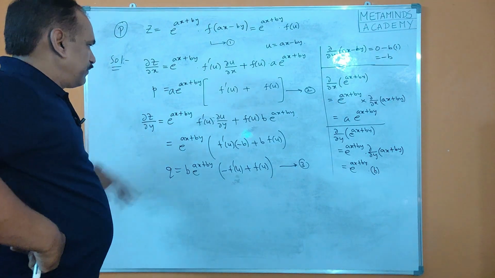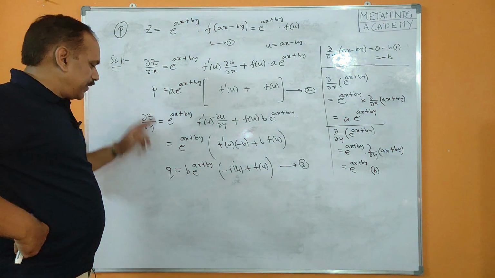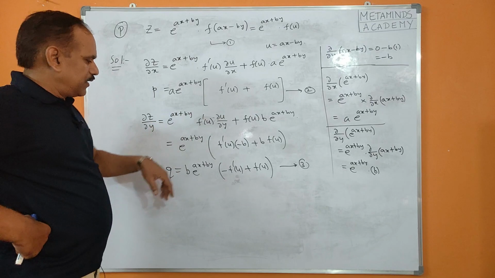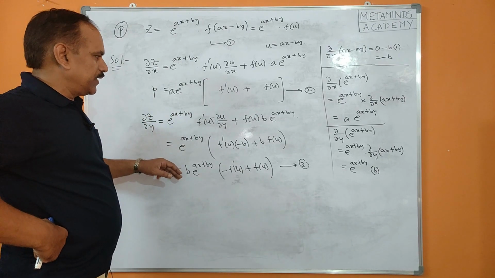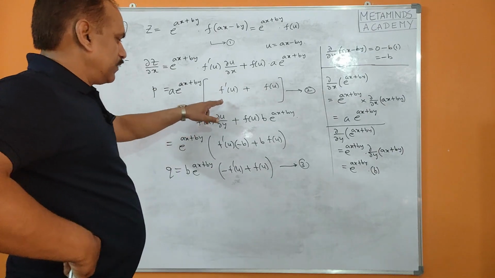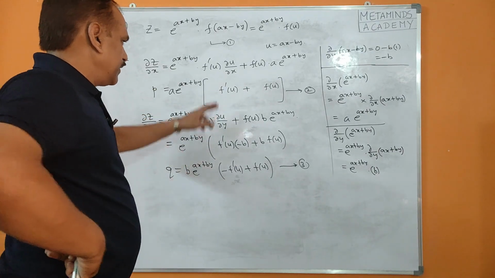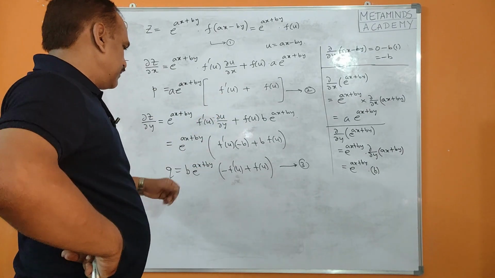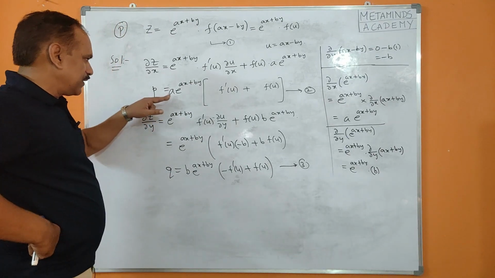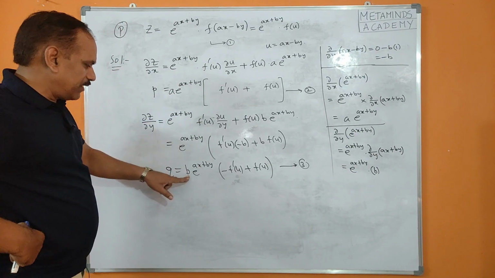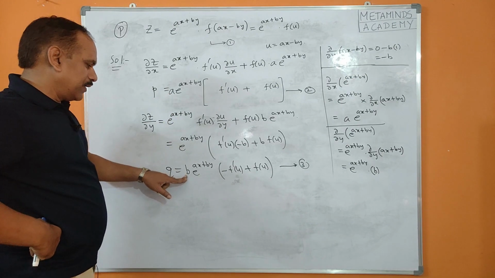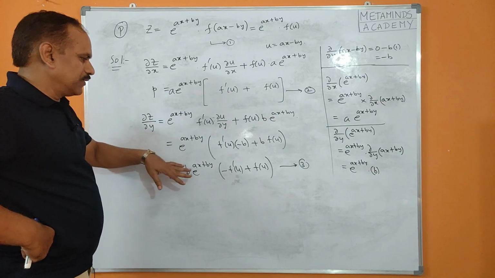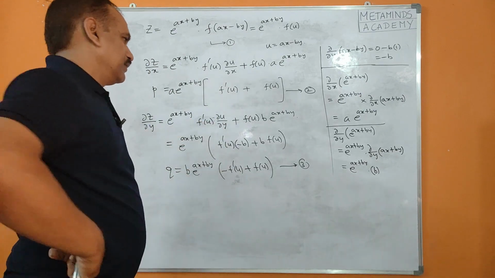So the thing is, if you add these two, you will get p plus q. And if you add equations 2 and 3, you cannot have f dash u get cancelled, right? Because you have a here, you have b here, you have to multiply this by b, multiply this by a, and then add, and f dash u gets cancelled.